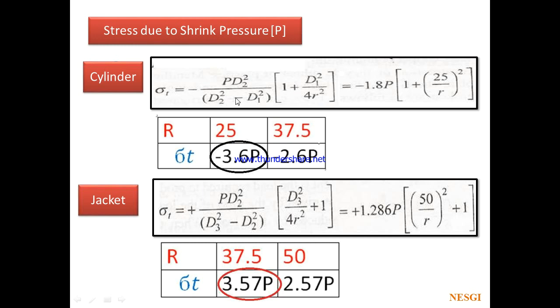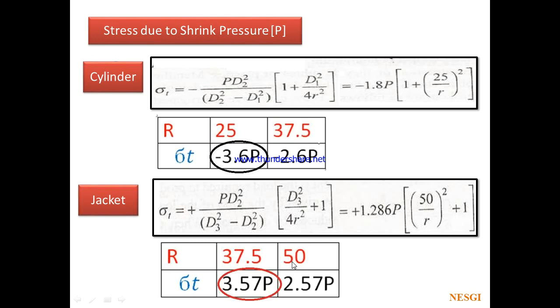If you substitute all the values, here P is unknown and R is kept as it is, at R equal to 25. So find the sigma T value, which will be in terms of P only, because P is unknown here. And at 37.5, and again for the jacket, by using this formula, at R equal to 37.5 find sigma T, and at R equal to 50 find sigma T.